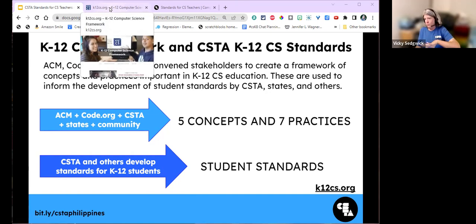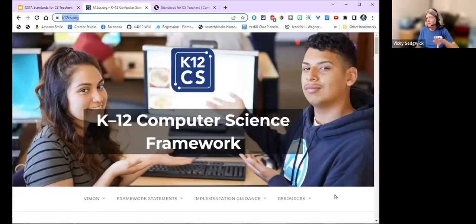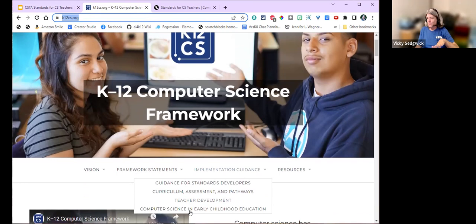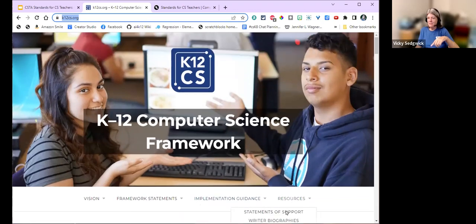We're going to point out a couple things in this slideshow, but it has great information on how to implement it if you're interested in creating your own standards. It also has great information if you are in early childhood education, some additional resources, and a pretty good glossary of terms.